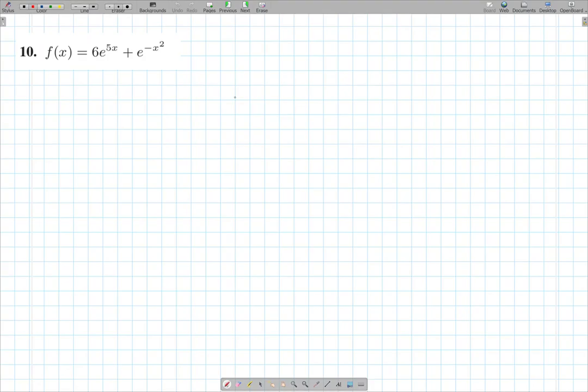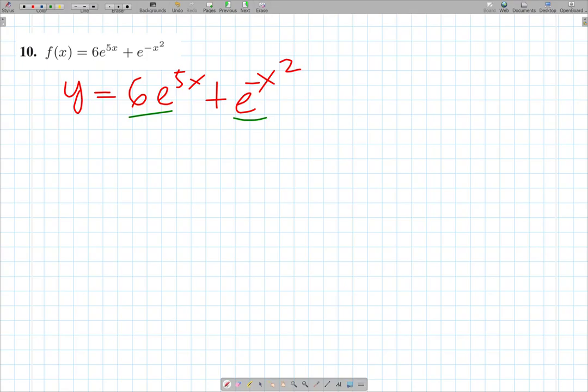Alright, number 10. I will change f of x into y: 6e^(5x) plus e^(negative x squared). You have to examine the given equation. Makikita natin mayroong e, so iba ang approach ng e. Deriving both sides using implicit, the derivative of y is dy.